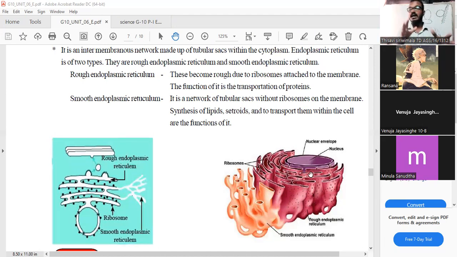And both of them are assigned different functions. Since the diagram is kind of difficult to draw, I think it is better to draw the one which is in the book. This one. Now we can start drawing it.